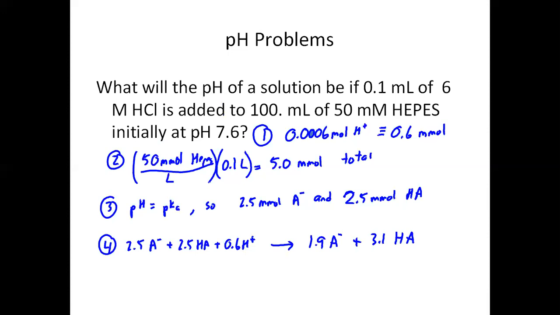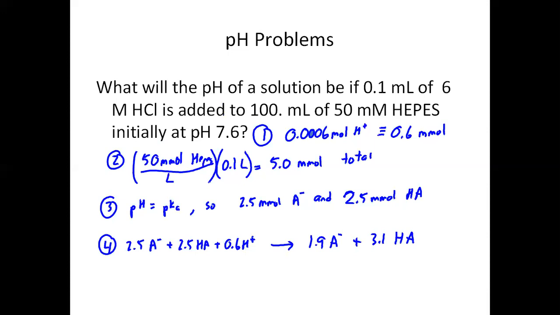The relevant equation is given at the bottom of this slide: 2.5 A minus plus 2.5 HA plus 0.6 H plus. What we see is that the 0.6 millimoles of H plus will react with the 2.5 millimoles of A minus to yield final amounts of 1.9 millimoles A minus and 3.1 millimoles of HA.